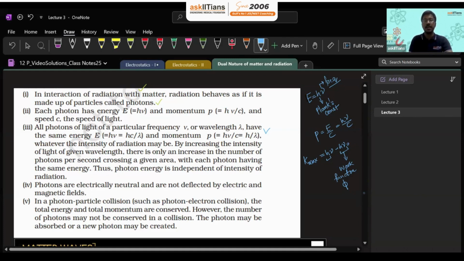Photo current will increase, but for a certain value of intensity there is a saturation value of current, as we have seen previously.